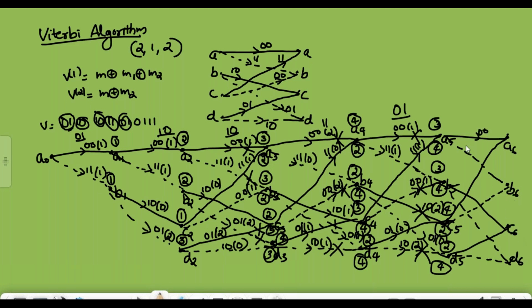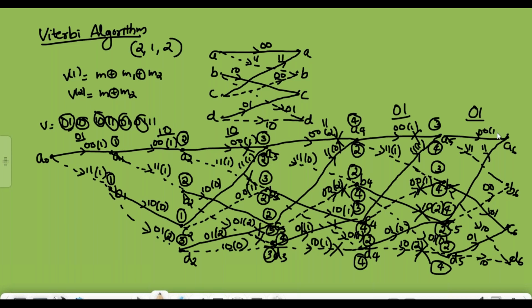Along this path 0, 0, 1, 1, 1, 1, 0, 0, 0, 1, 1, 0, 0, 1, 1, 0. Take the next two bits 0, 1, 0, 1 here. Then find the branch metric here.